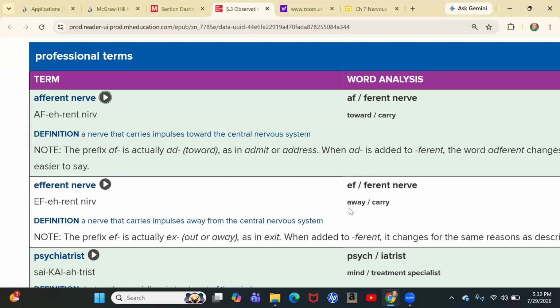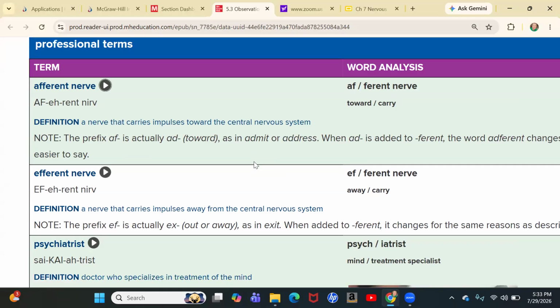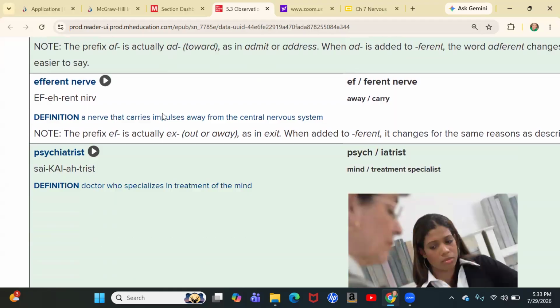Efferent nerves carry the impulse away from the central nervous system to the peripheral nervous system. And then your afferent nerves are the opposite. They go towards the brain. So they're carrying information related to the sensory system to the brain. Like, oh, it's cold outside. Okay. Your skin senses that it's cold outside. It's sending that message through afferent nerves to the brain.